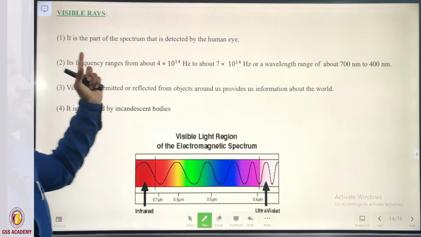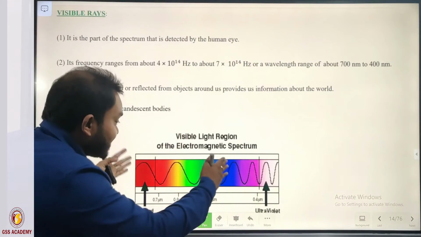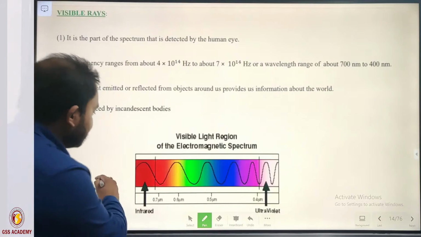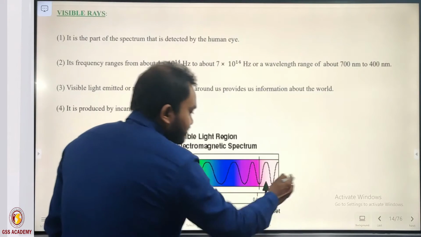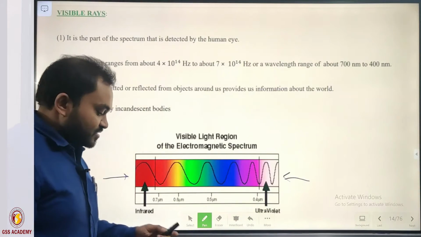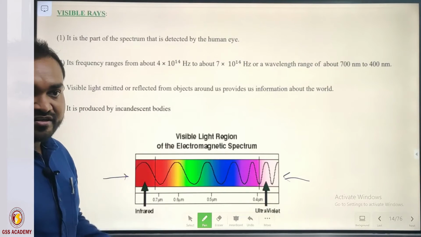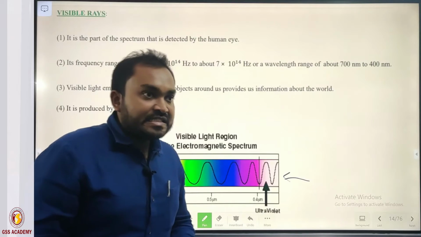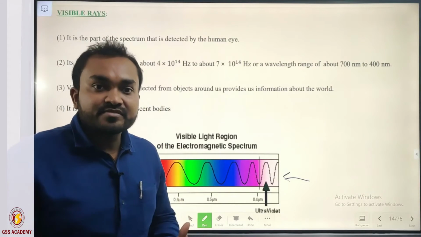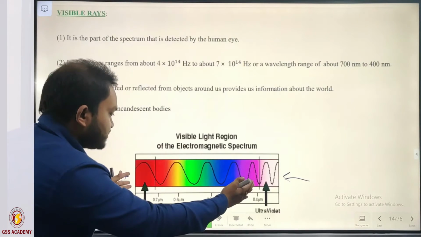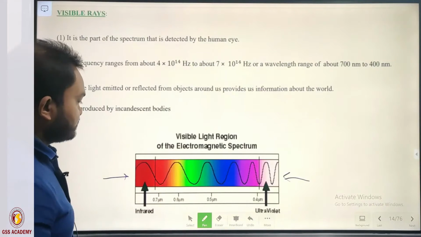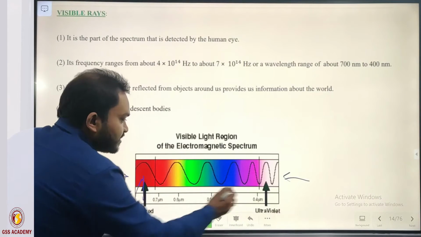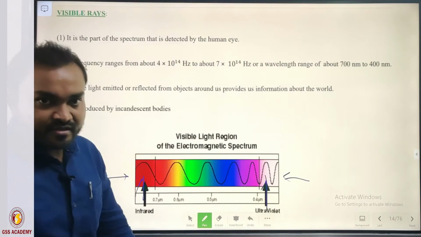Next is your visible range. This is the range basically we can see. Earlier, whatever examples I have given, infrared, your radio wave, you can't see them, but in this particular range you can see. Okay, this is basically infrared, this is basically ultraviolet.